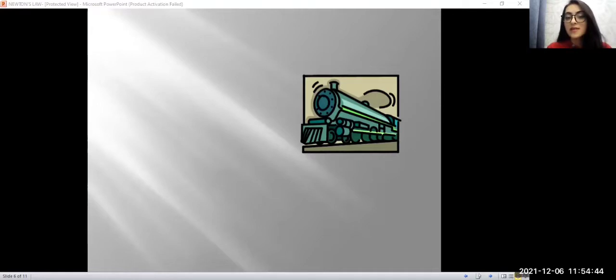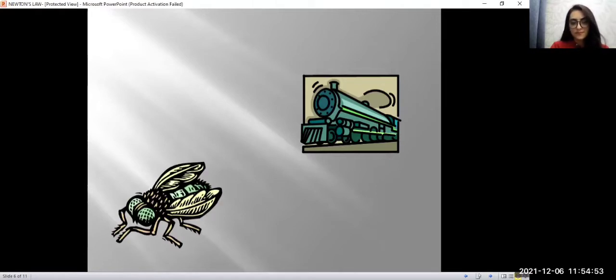Once they are moving, it takes a large force to stop them. So look at the second photo. This is butterflies. On your way to school, a bug flies into your windshield. Since the bug is so small, it has very little inertia and exerts a very small force on your car.